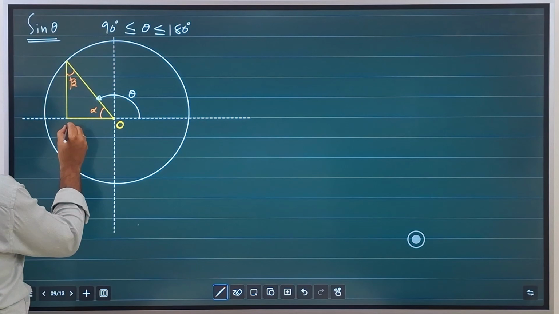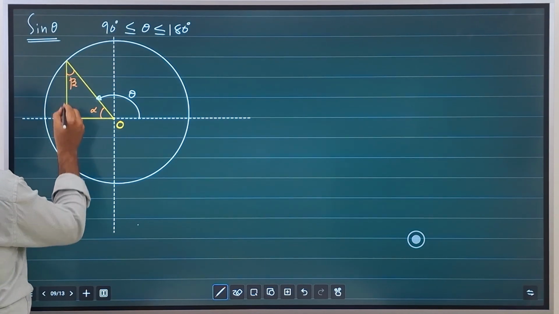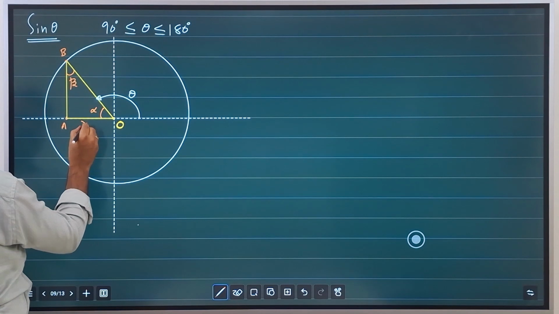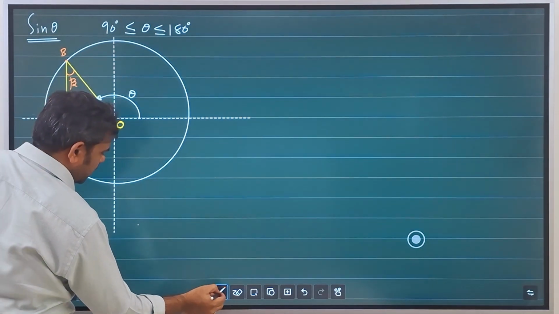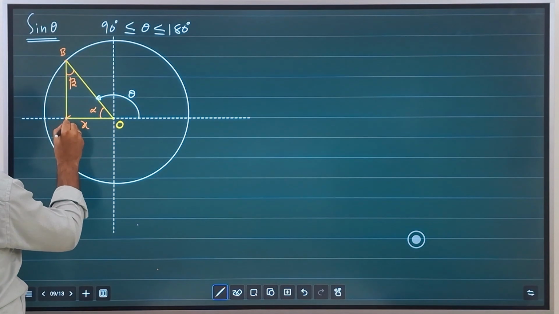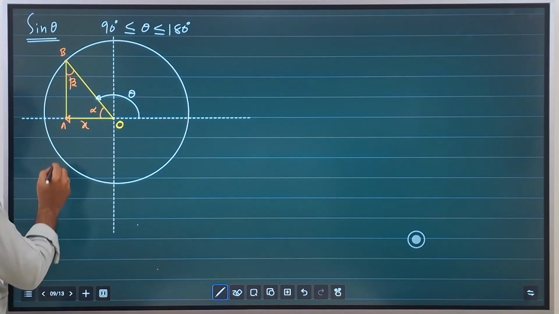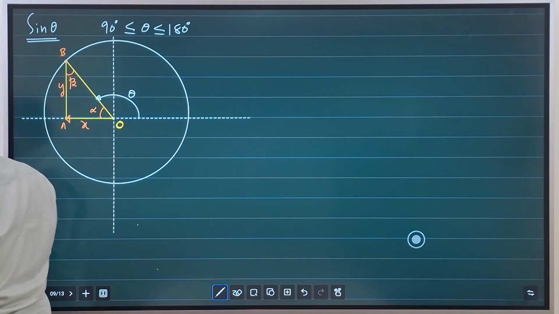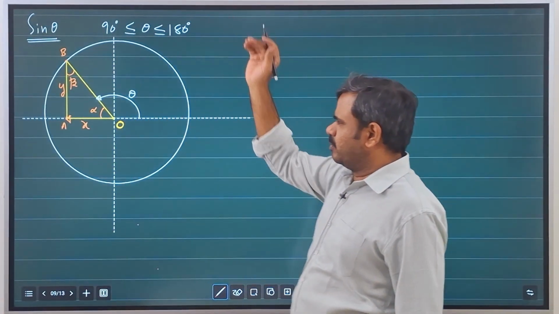Of course, the horizontal side is x, but x is negative here. X is measured along the negative x-axis. Y is measured above the x-axis. Above the x-axis means positive y.